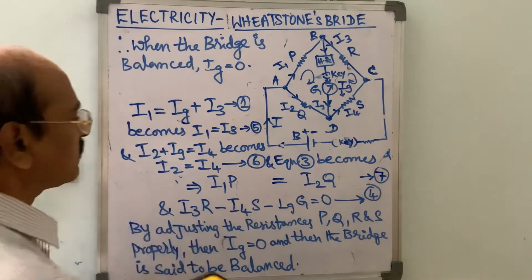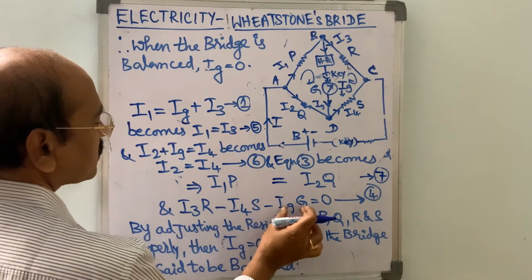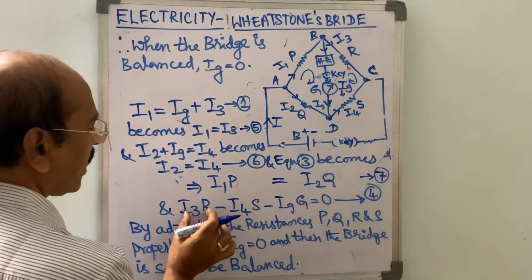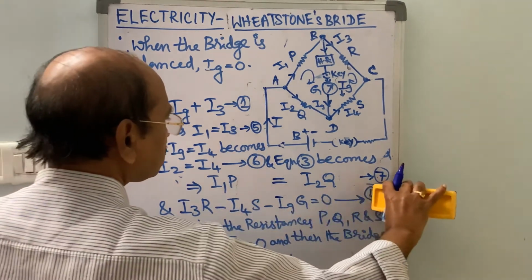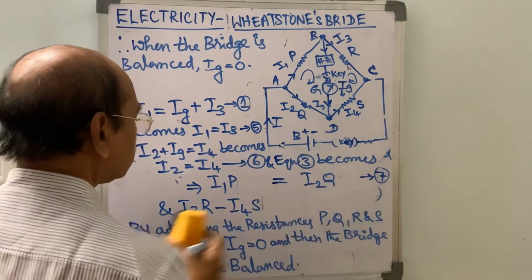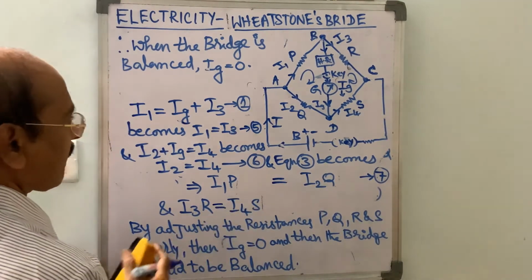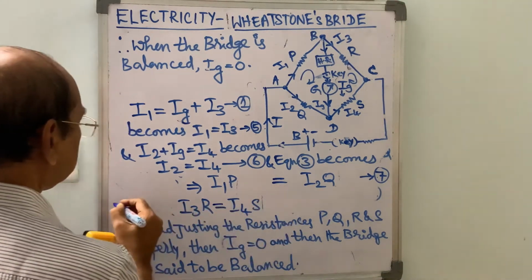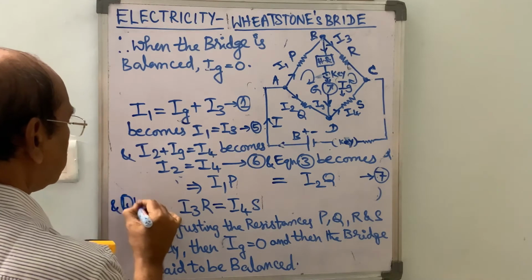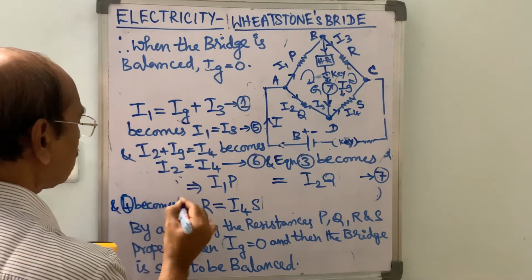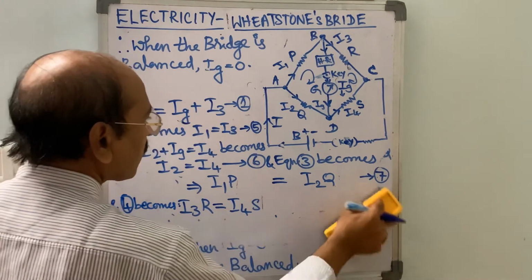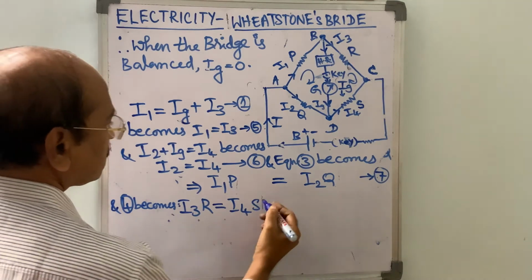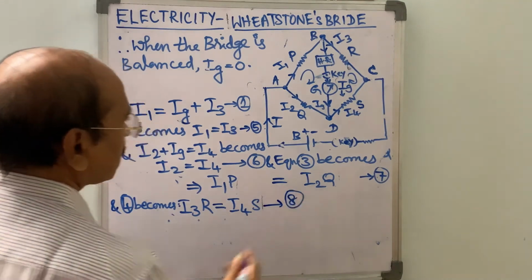And equation 4 becomes, when Ig is 0, this Ig into G is 0, and I3R minus I4S is equal to 0. I3R equal to I4S. Let this be the 8th one.